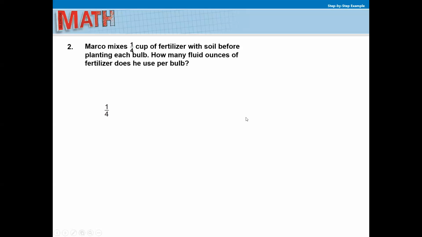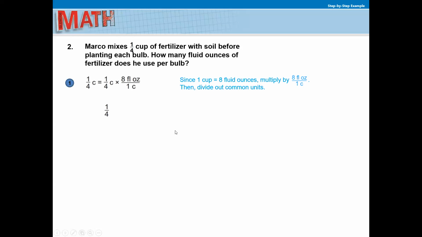Number 2, Marco mixes 1/4 cup of fertilizer with soil before planting each bulb. How many fluid ounces of fertilizer does he use per bulb? 1/4 cup equals 1/4 cup times 8 fluid ounces. There are 8 fluid ounces in 1 cup. Since 1 cup equals 8 fluid ounces, multiply by 8 fluid ounces over 1 cup.